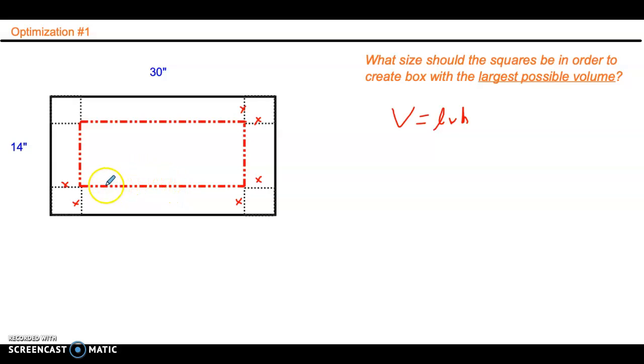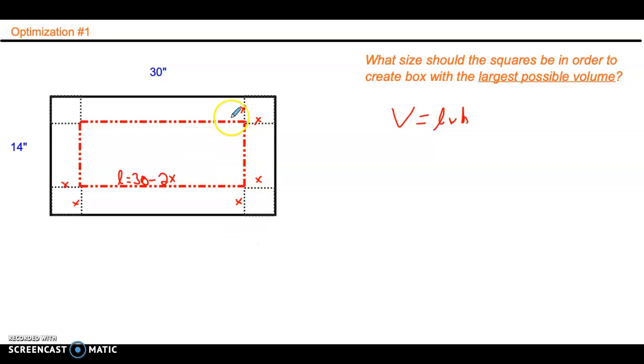So, this whole length, from here to there, that's 30. We took out this x. Over here we took out this x. So we'll call this the length. It was 30, but we took out 2 x's.